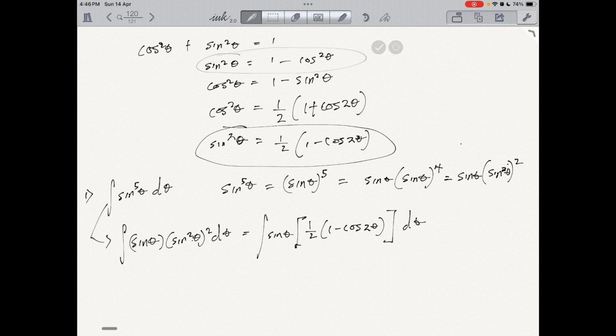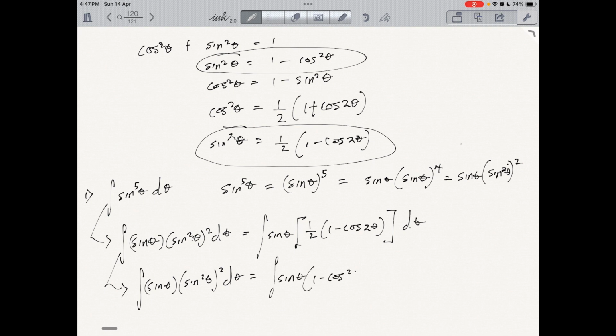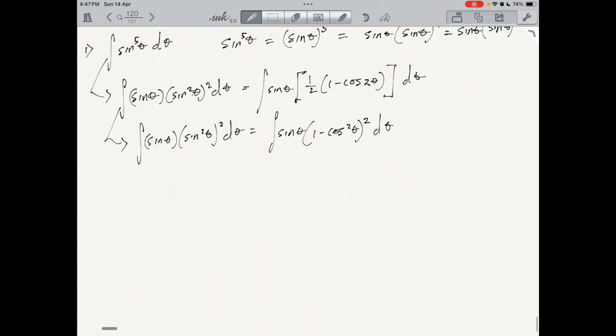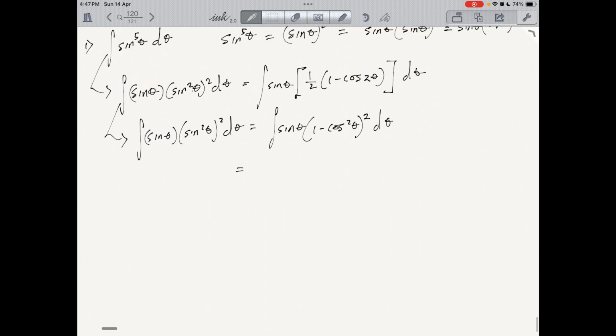So this will become the integral of sine theta into 1 minus cos squared theta squared d theta. Now this is possible because when we simplify further, we will have sine theta multiplied by 1 minus 2 cos squared theta plus cos to power 4 theta d theta.